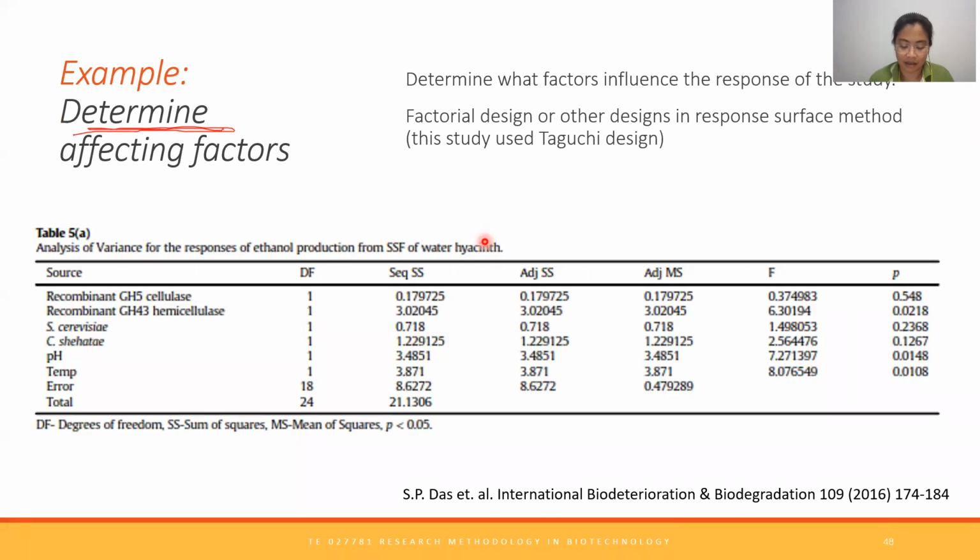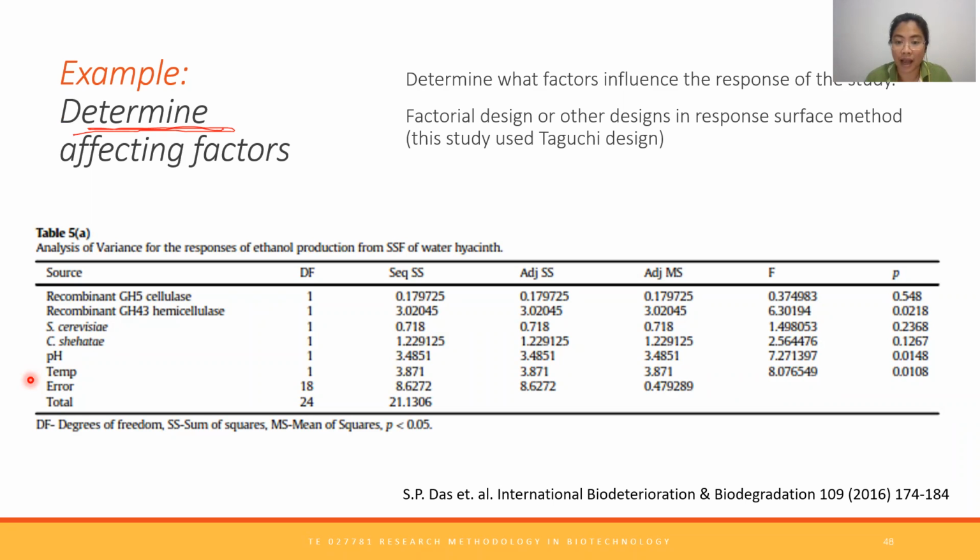If we go back to this example, it only says that in this study, we want to see the 6 factors and which factors have an effect on the ethanol production.